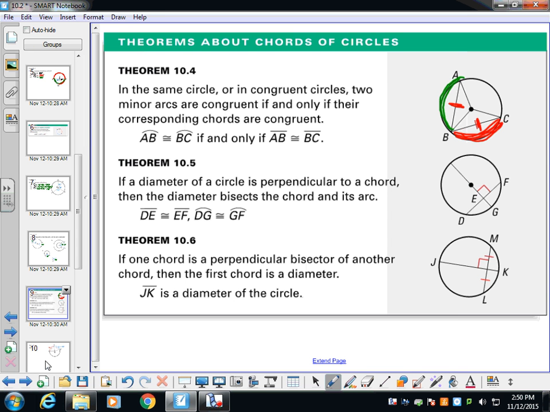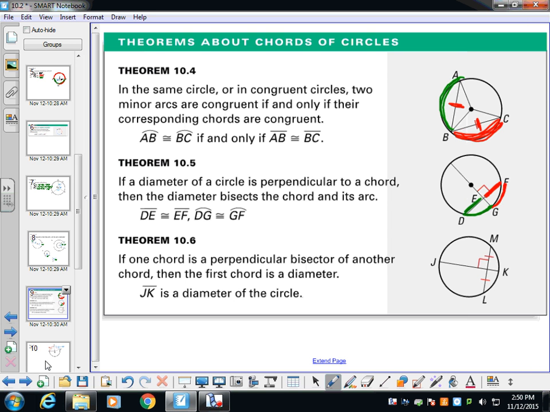Theorem 10.5 says if line segment DE is congruent to line segment EF, then arc DG has to be congruent to arc DF.